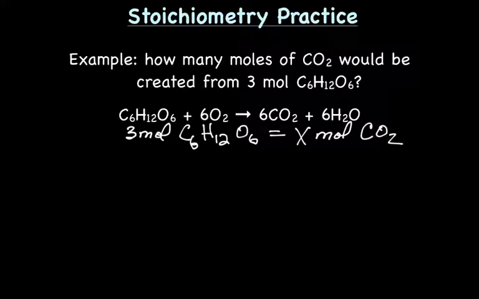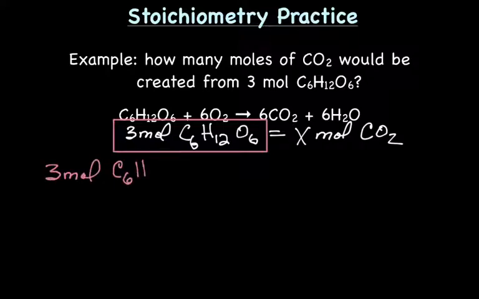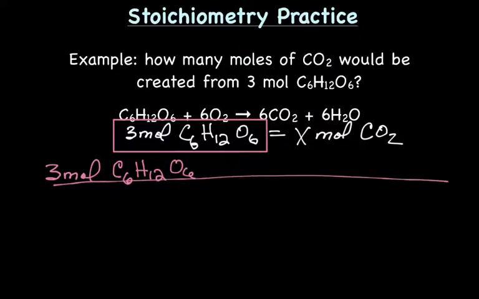So we'll write our grid and we'll put our known in the grid. This is our known. So we'll have 3 mole C6H12O6 over 1.